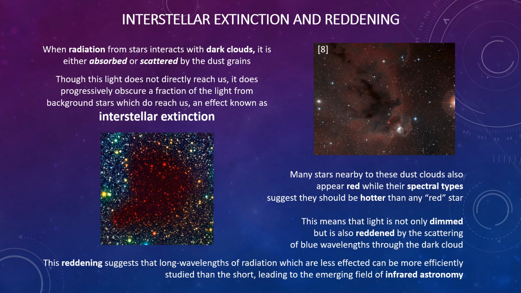So around it, we see the visible light, and then that blob would be the dark cloud where we're seeing only the infrared light coming through. So that is some extinction and reddening in one, because it's extincted the optical wavelengths and has led to only the infrared wavelengths making it through and being redder.